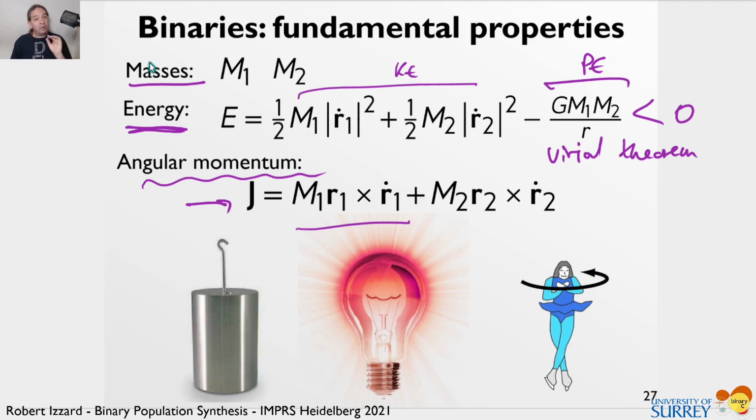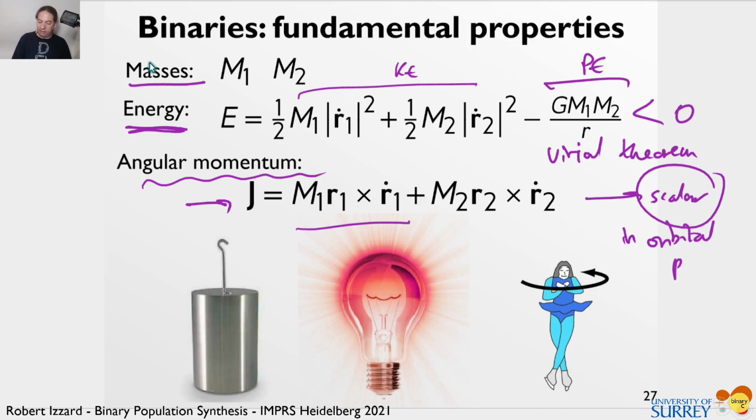Very easy. But you can simplify this in a plane. If you work in the orbital plane of the binary, you can write this down as a scalar, and that makes life much easier. So if all the stars stay in the orbital plane, it's just a scalar equation. It's not a vector equation anymore.